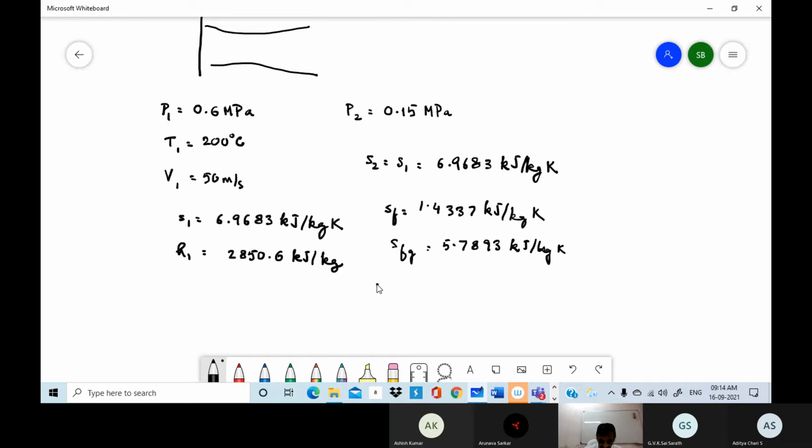Therefore S2, this is what the entropy at exit must be, same as what it was at inlet. So that should be SF plus X2 into SFG.